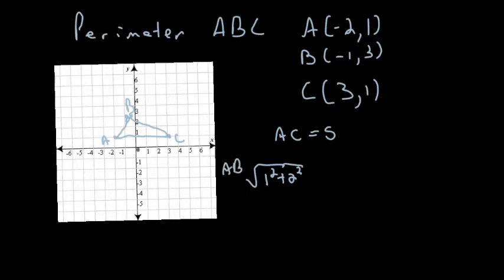And then for BC, we go 1, 2, 3, 4 on our X and 2 on our Y. So that would be square root of 4 squared plus 2 squared. So just use your calculator, work that out. So the square root of 1 squared plus 2 squared is going to give us about 2 2/10, and we can just round. And then the square root of 4 squared plus 2 squared is going to give us about 4 5/10.